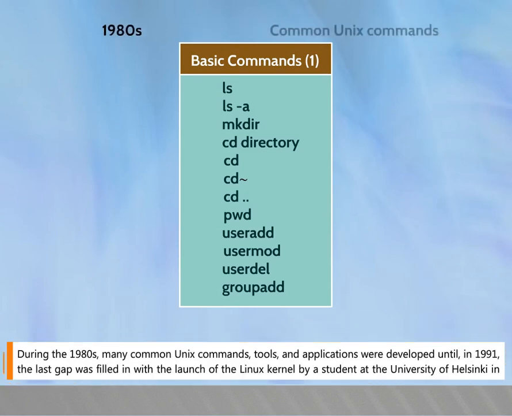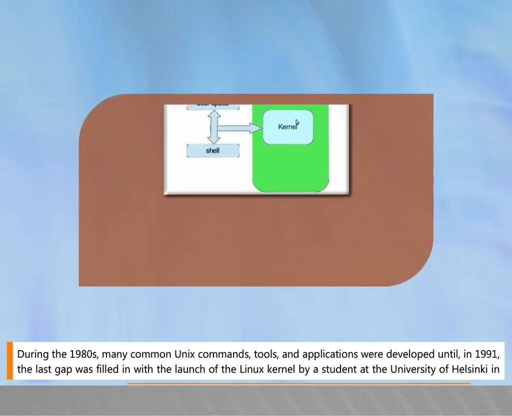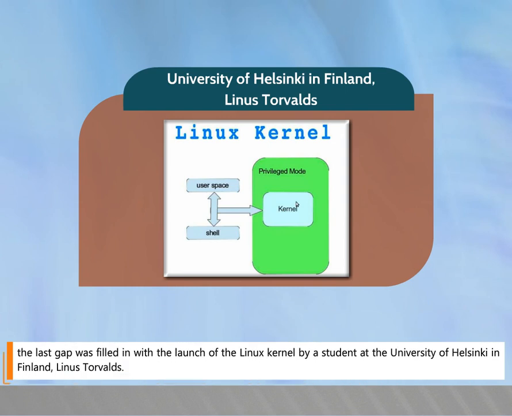During the 1980s, many common Unix commands, tools, and applications were developed until, in 1991, the last gap was filled in with the launch of the Linux kernel by a student at the University of Helsinki in Finland, Linus Torvalds.